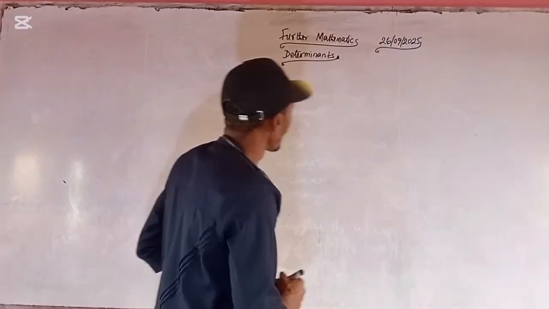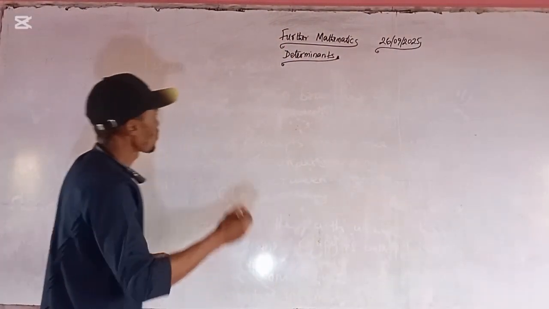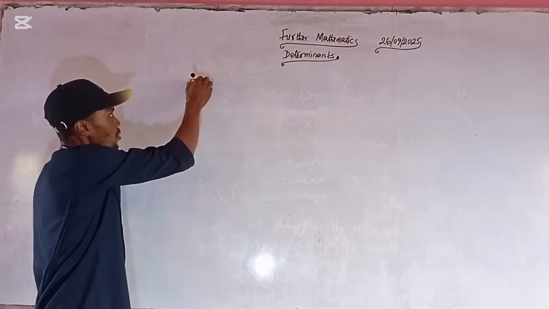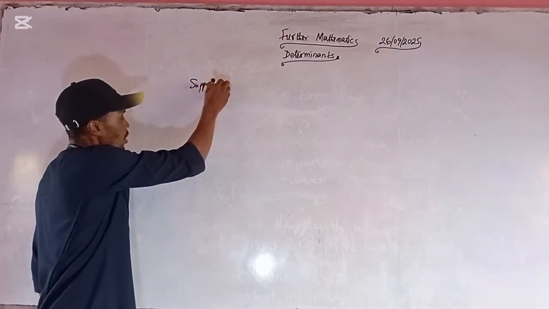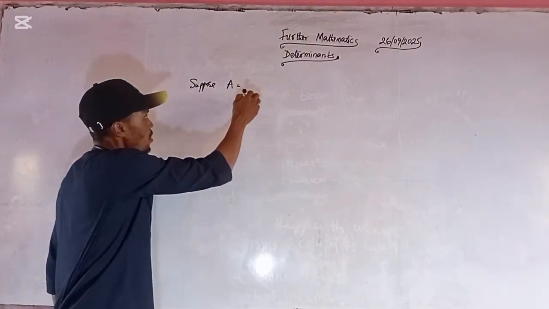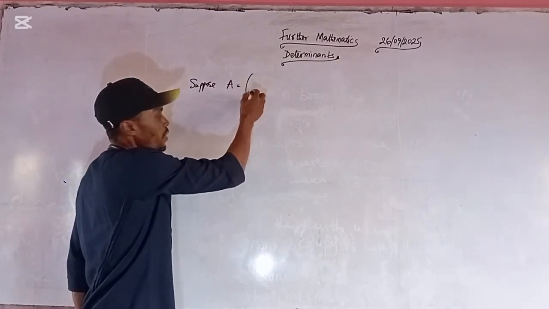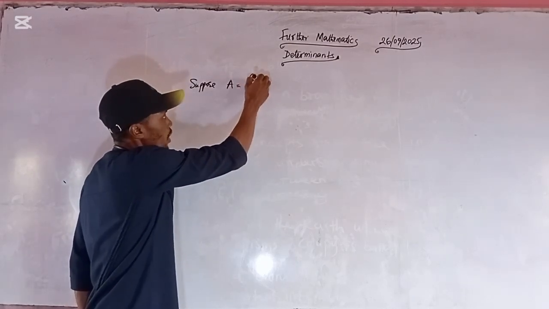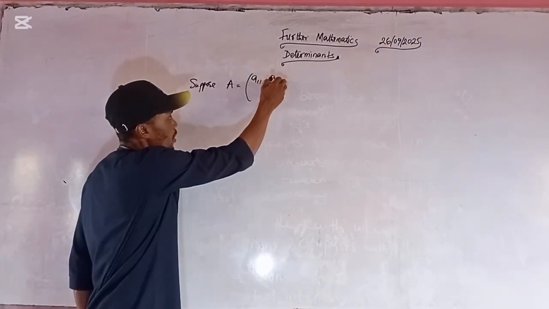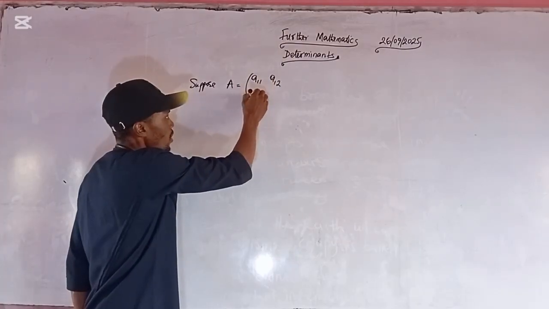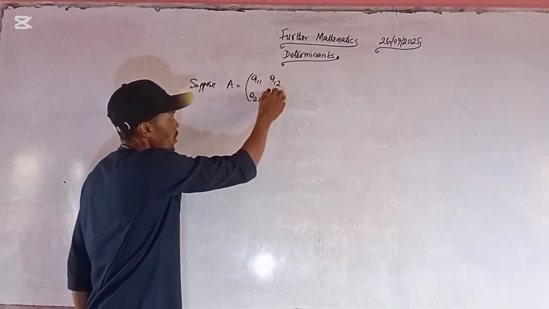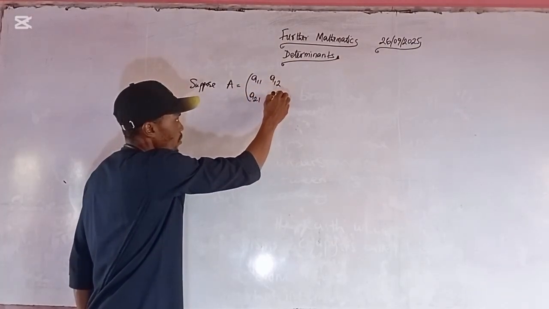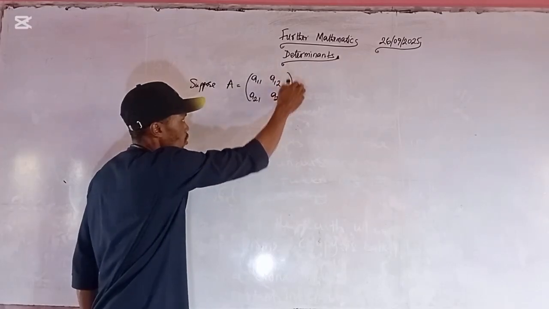Let's go. So suppose A is a matrix defined by A11, A12, A21, and A22.